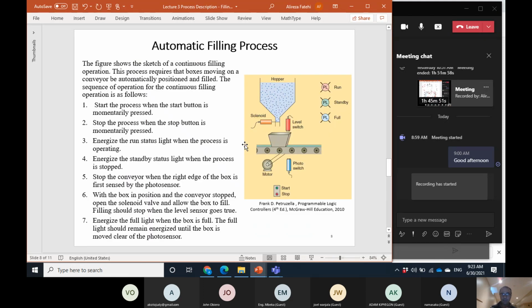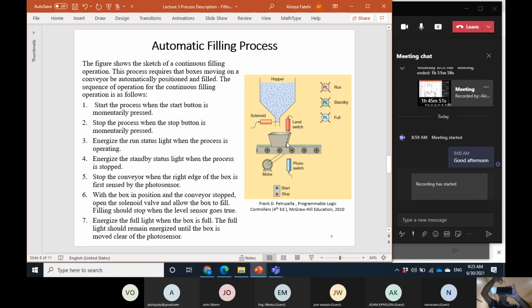Generally, when we install the level sensor and the photosensor, the photosensor senses the end of the box, let's say the outside of the box. Okay, it senses the outside of the box. If this is the box, for example, the photosensor senses the edge of the box, the outside of the box. But the level sensor is somewhere inside.